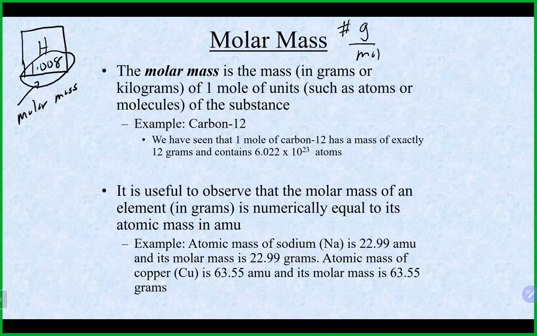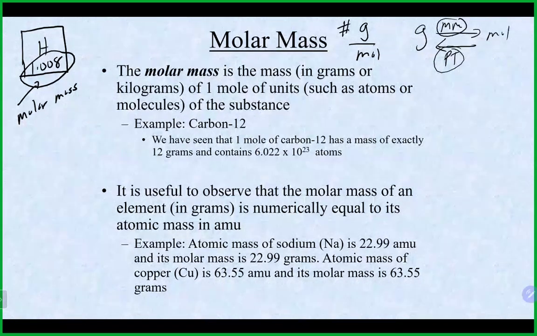Now, it is really a conversion factor, and it is used to go from grams to moles or moles back to grams. That is your molar mass conversion, and the periodic table is where you grab that from. So basically, if you look at hydrogen, that means that there is 1.008 grams of hydrogen in every 1 mole of hydrogen.